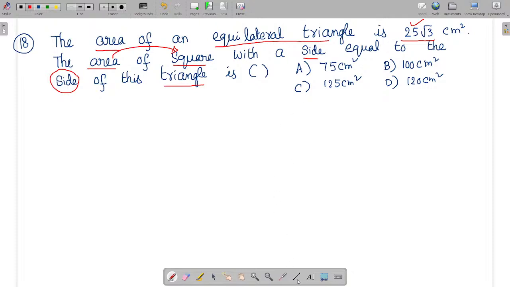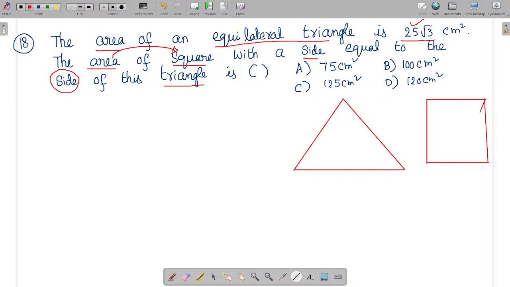So this problem is related to two figures. First is the equilateral triangle, whose area is given. Next we need to find out the area of the square. First let us say this side is A, the side is also A, and the area is given by A square, which we need to find out.